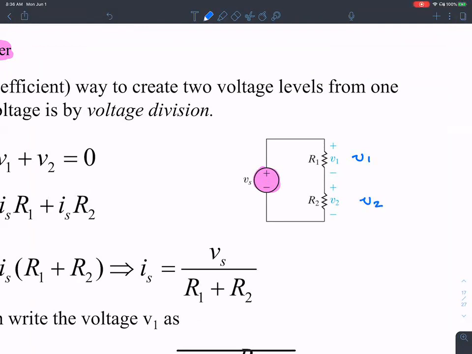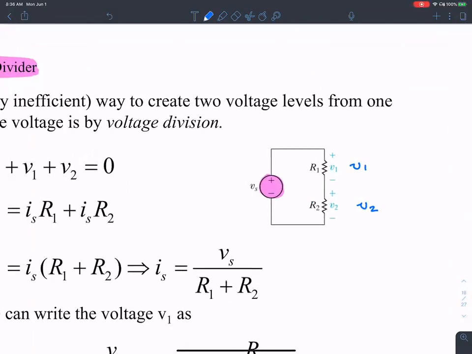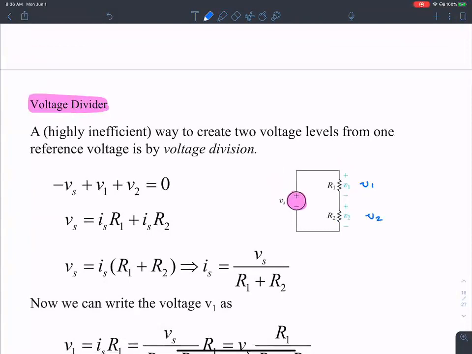One quick and efficient way, though not a very accurate way because resistances have a lot of tolerance associated with them, is to simply create two voltage levels using voltage division. So V1 plus V2 should equal Vs, right? That's something we know for a fact from KVL. V1 plus V2 should equal Vs, the total voltage.